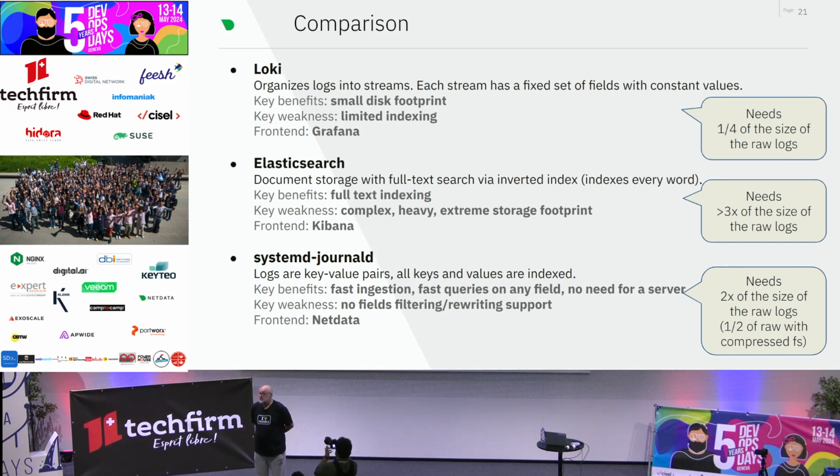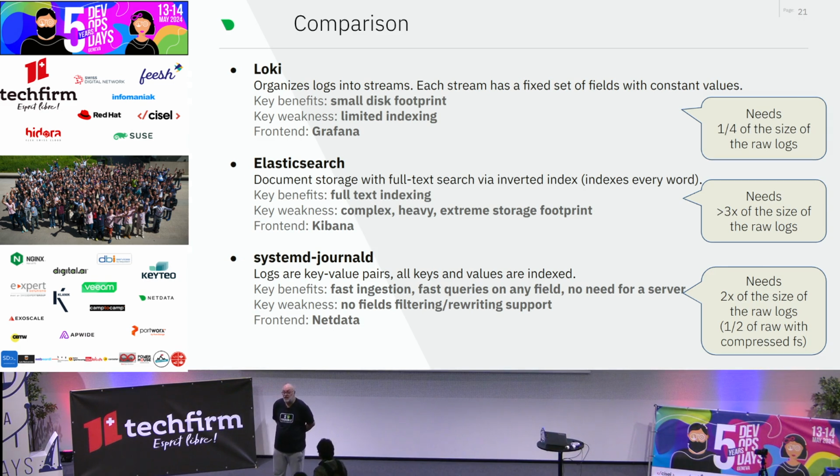If you try, for example, to recreate what systemd journal does with Loki, Loki needs an unimaginable amount of memory. So the cardinality explodes for Loki, and the way that it has been designed, it actually cannot do it. You give it gigabytes and gigabytes of RAM, and it cannot do it. But for systemd journal, this is the beauty.